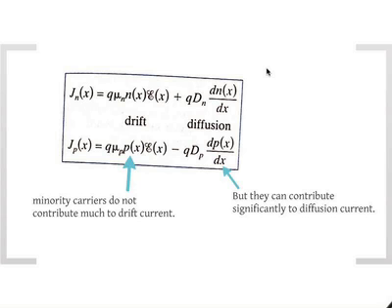It could be. It's not always the case. Okay. So again, to summarize, the minority carriers do not contribute much to drift current, but they can contribute significantly to diffusion current. And it's the same case for n-type as well, right? Just flip the things. If you have n-type, you have more electrons, and the holes become the minority carriers.